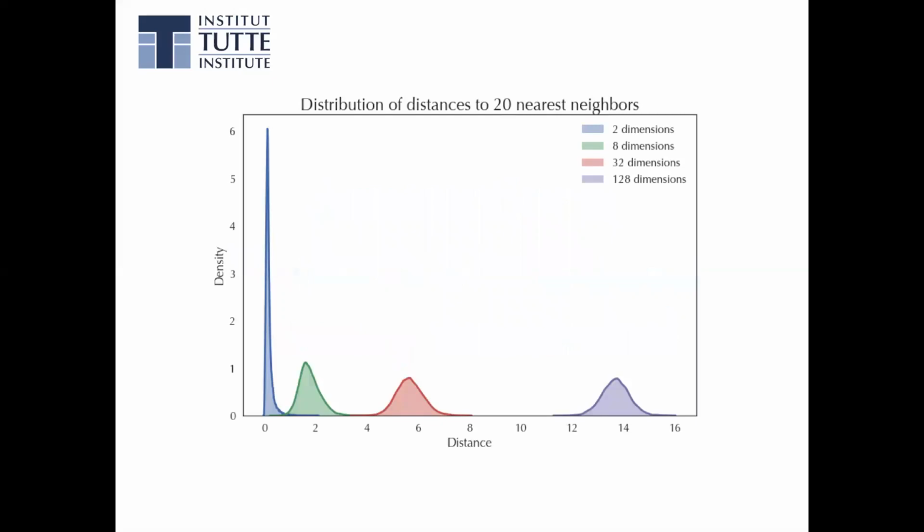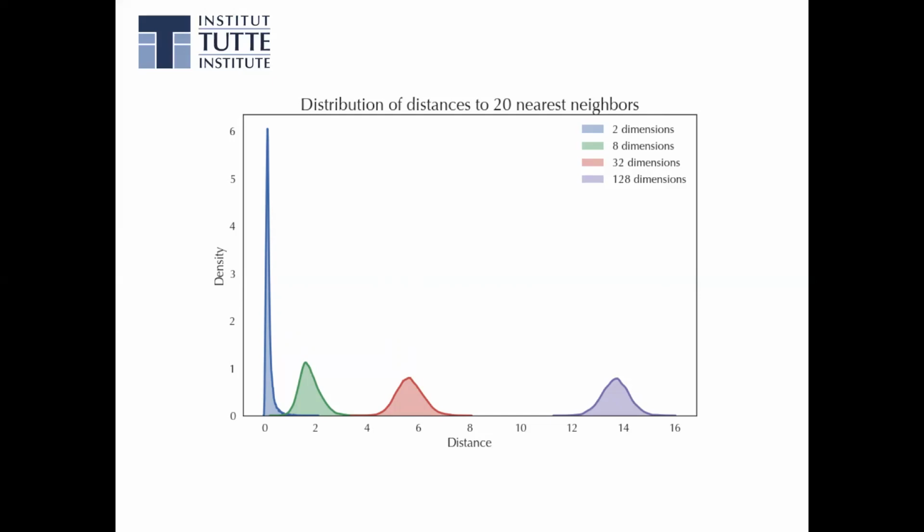But here's the thing. The curse of dimensionality is kind of what kills these techniques at this high dimensionality. And the catch here is that distance gets strange in high dimensional spaces. So here's a plot of the distribution of distances to the 20 nearest neighbors of some data that's just sampled from a Gaussian. And we're going to look at that in 2 dimensions.